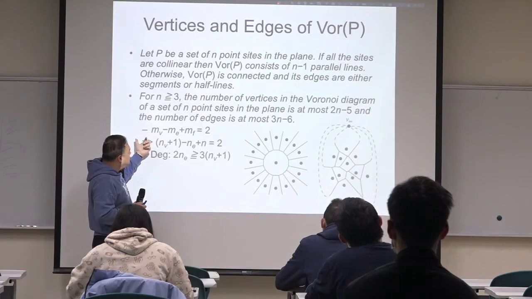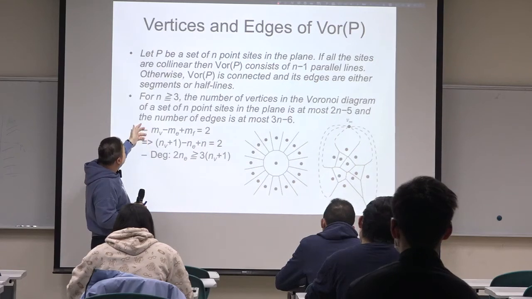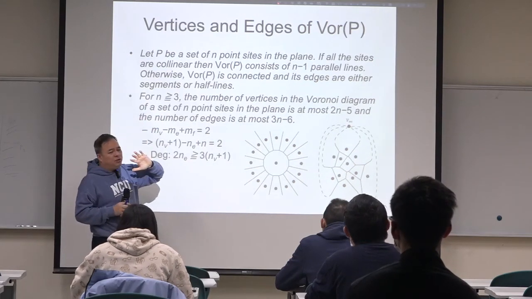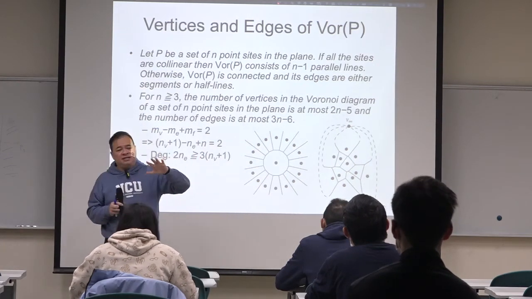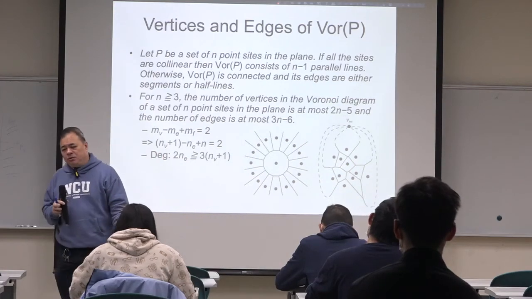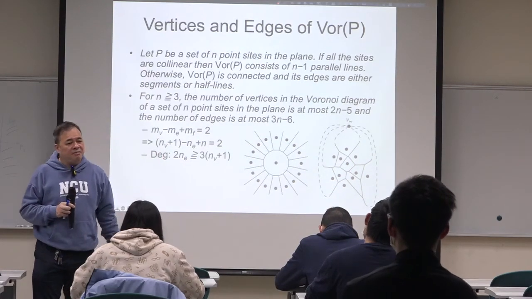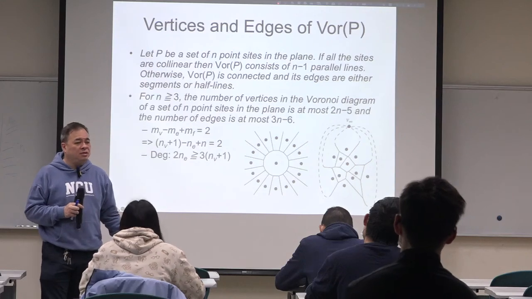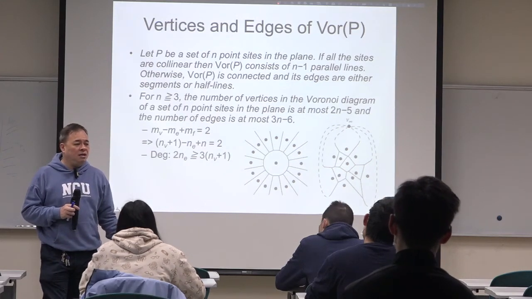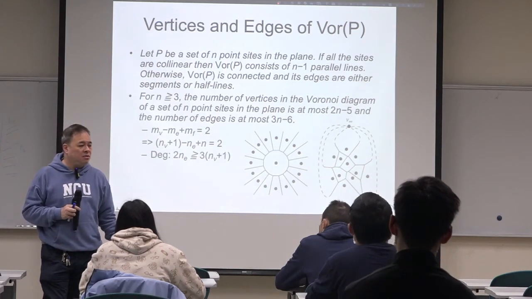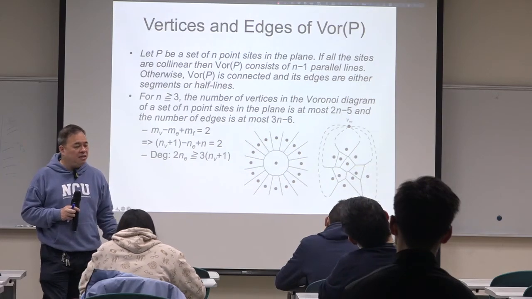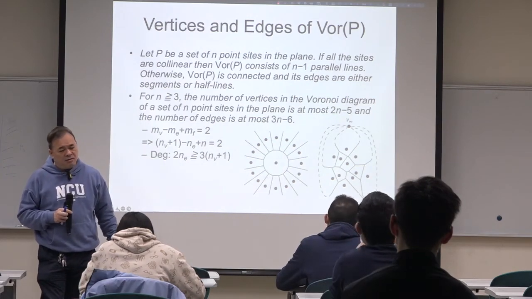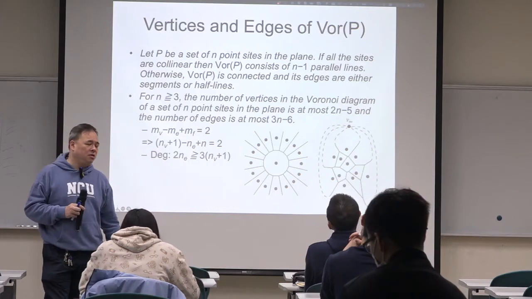But from the previous discussion, we do know one thing: you could have some line segments as edges, which is not an issue, because when we discuss planar graphs, line segments are not an issue.